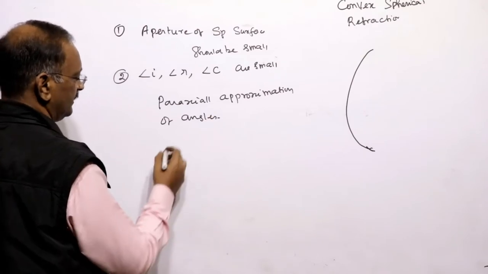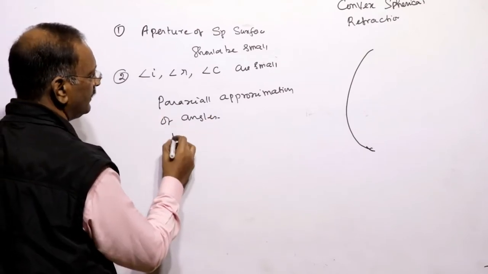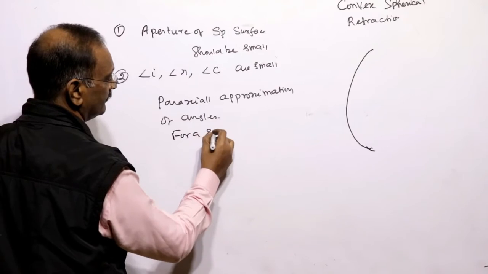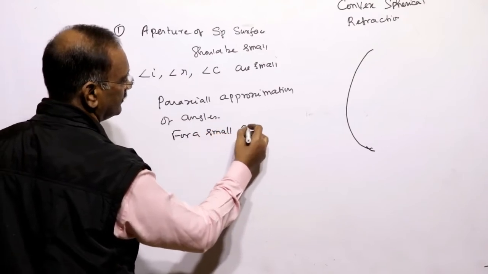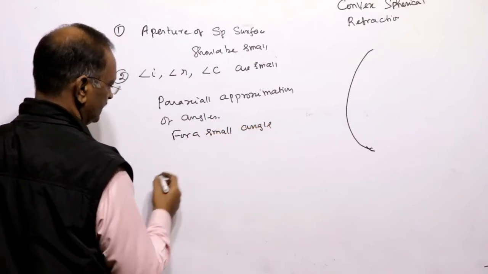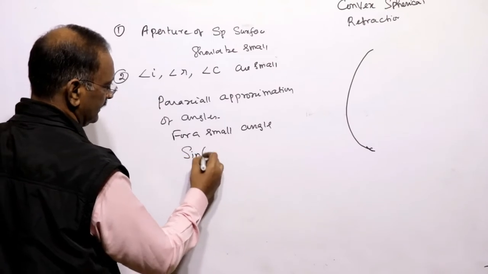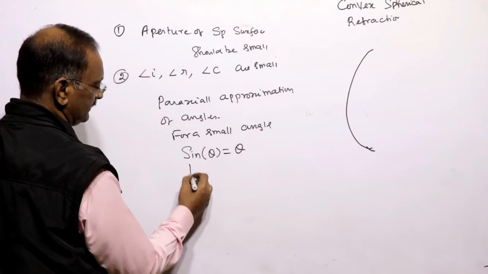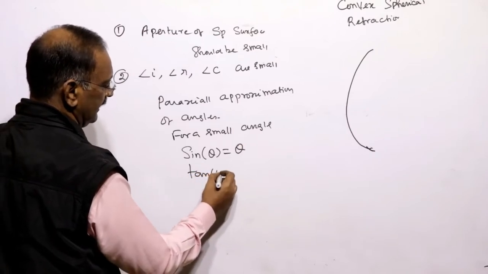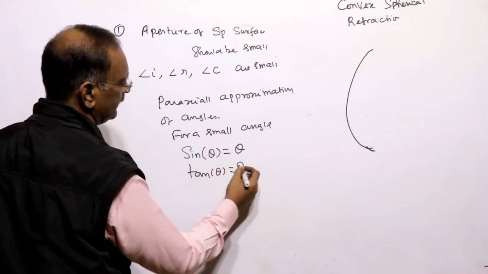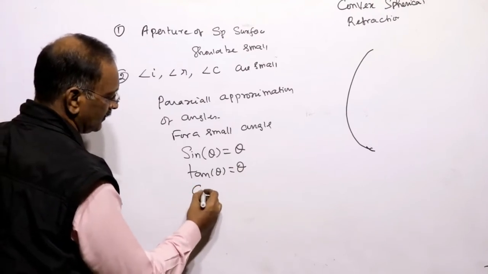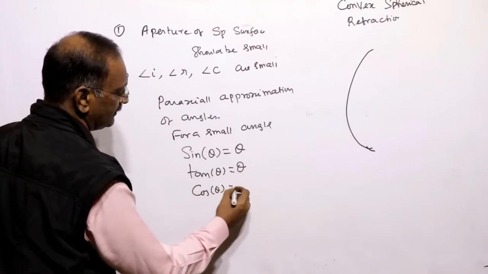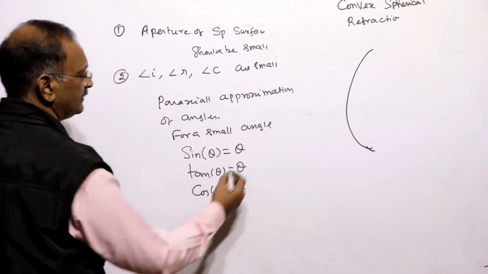What is paraxial? For a small angle, sine of the angle is equal to the angle itself, tan of the angle is equal to the angle itself, and cos of a small angle is equal to 1.